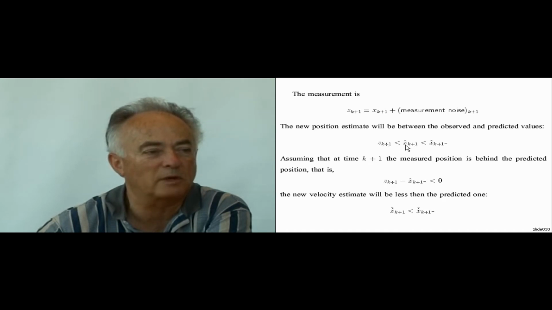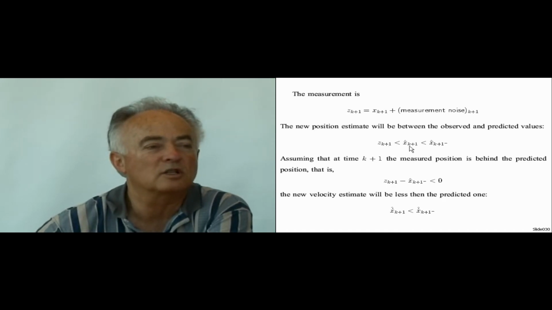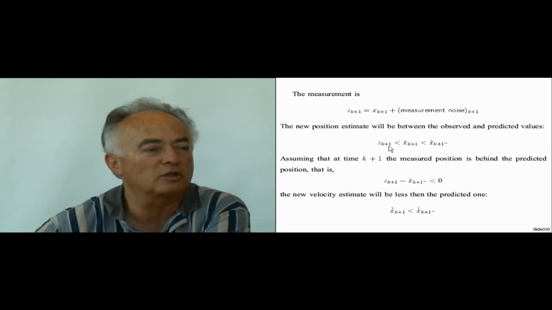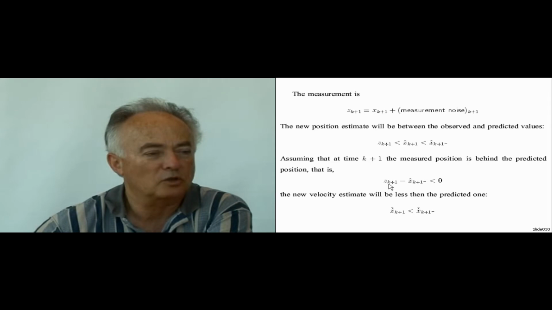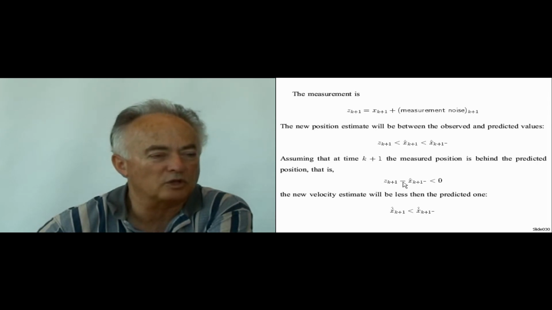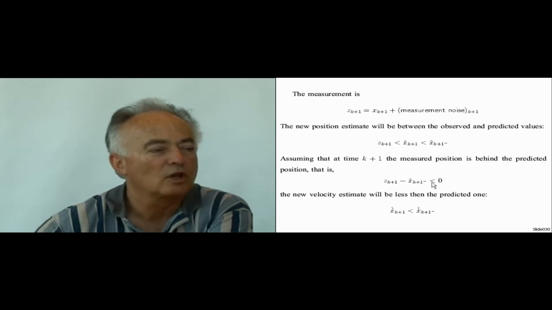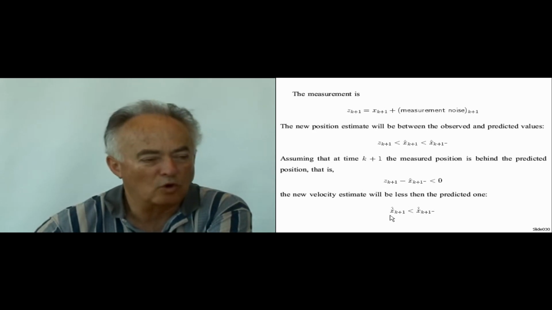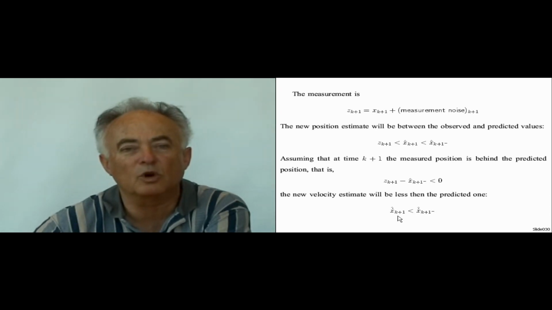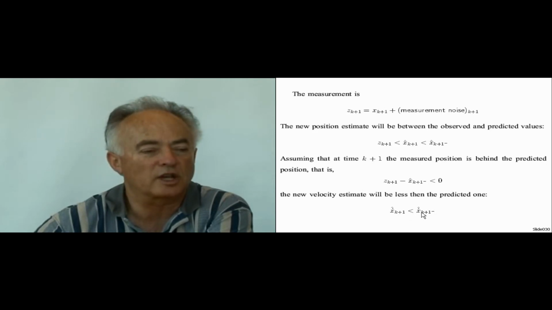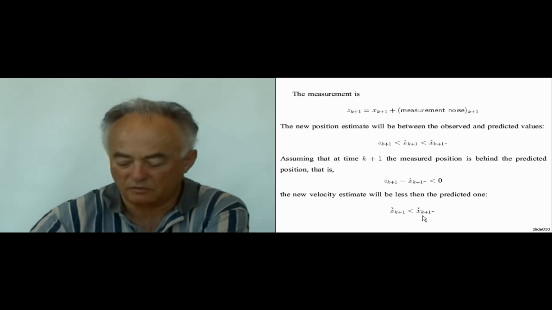So this is the compromise, that weighted linear combination between the predicted value and the observed value. And that's because the measurement minus the predicted value is negative. So we will also at the same time be correcting the velocity. We update the velocity, coming up with the new updated value for it, slightly lower than the predicted value.